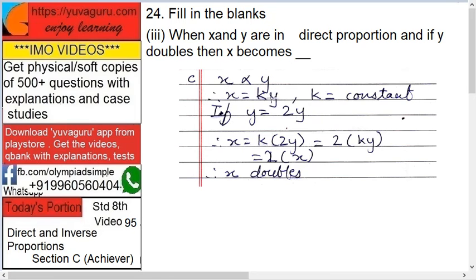Therefore X equals KY, K is a constant. Now Y becomes double. So Y becomes 2Y. So X equals K into 2Y. So it becomes 2 into KY. But what is KY? KY is X. So it equals 2 into X. So X also becomes 2X. So it means X also doubles.